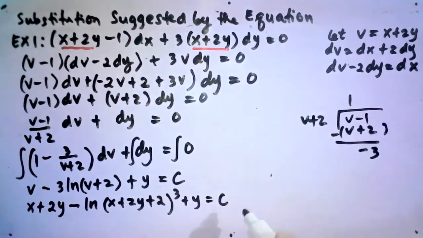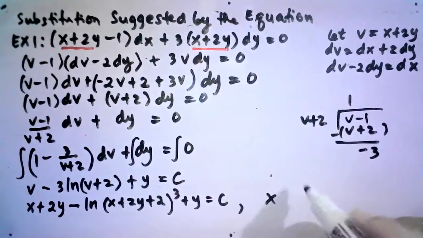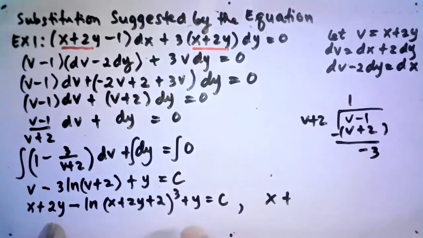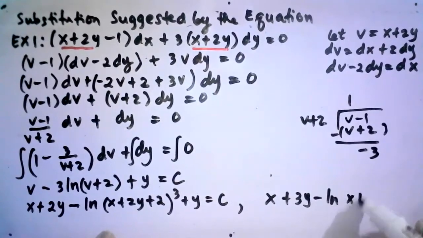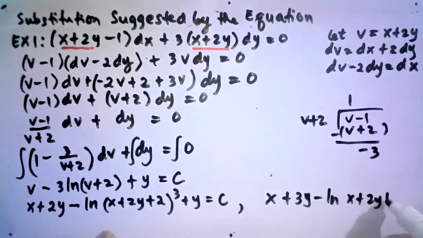So we will write our final answer here. We have x plus, instead of 2y plus y, we will make use of 3y, minus ln of x plus 2y plus 2, which is raised to 3, equals c.